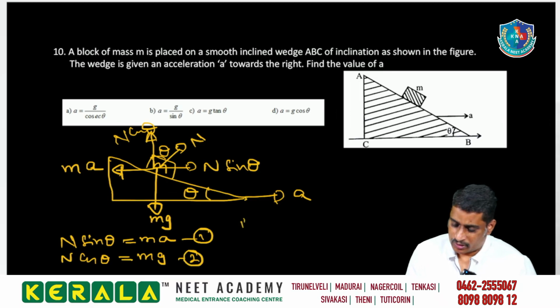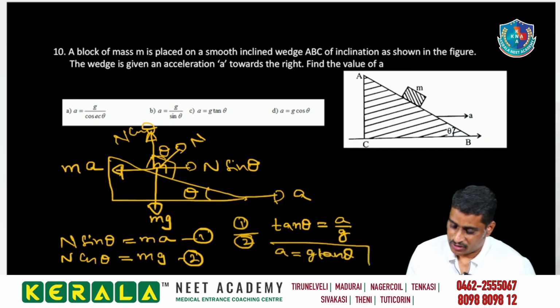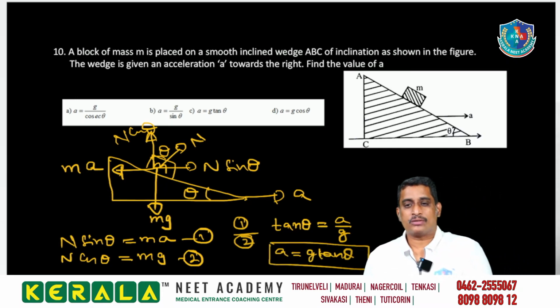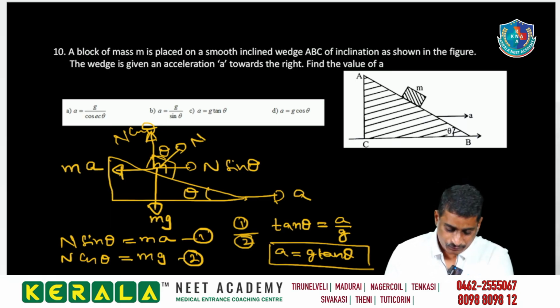By dividing these two equations, 1 by 2, we will get tan theta equal to a by g. So a is equal to g tan theta is the equation we are getting. We can solve the same question from ground frame of reference also, that you can try.